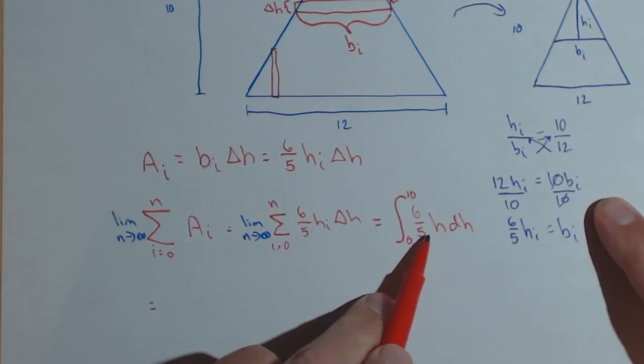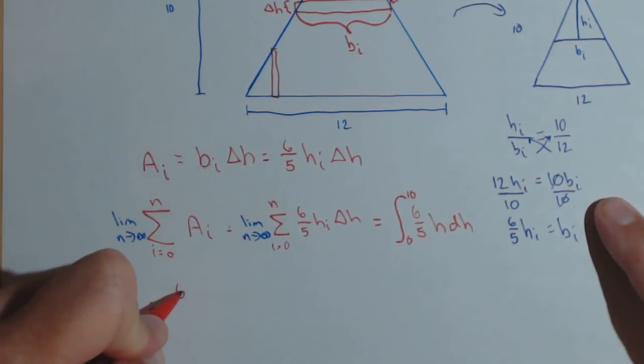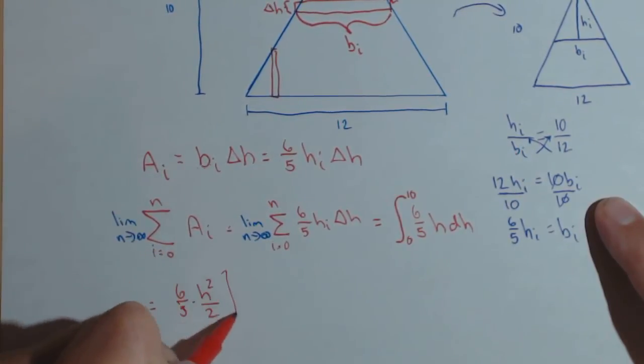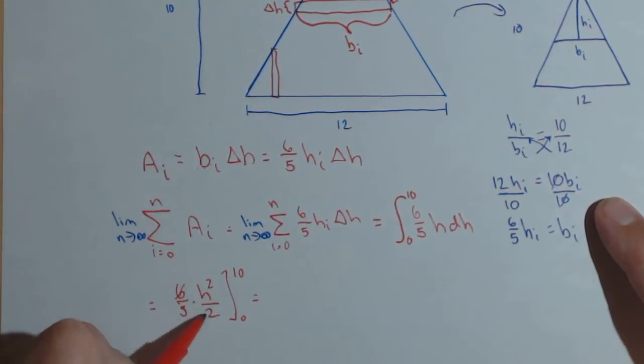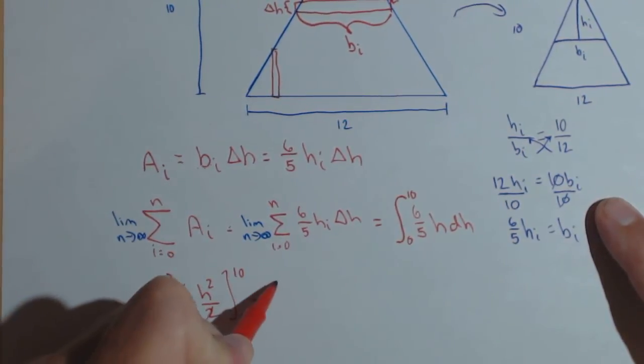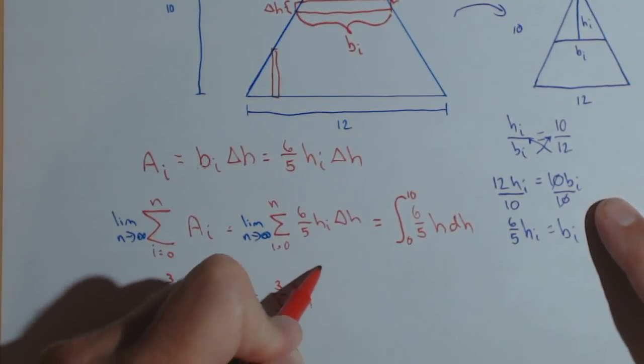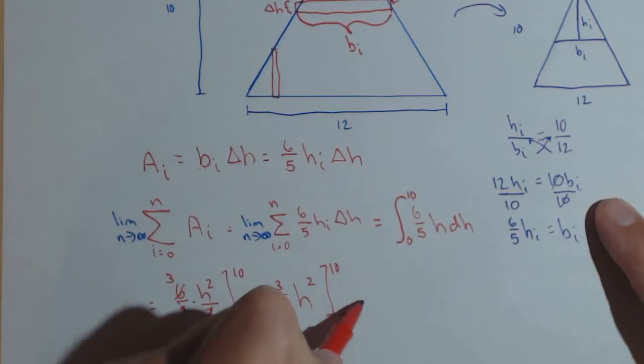So first off, the antiderivative here is 6/5 times H squared over 2 from 0 to 10. We can reduce this a little bit. So we have 3/5 times H squared from 0 to 10.